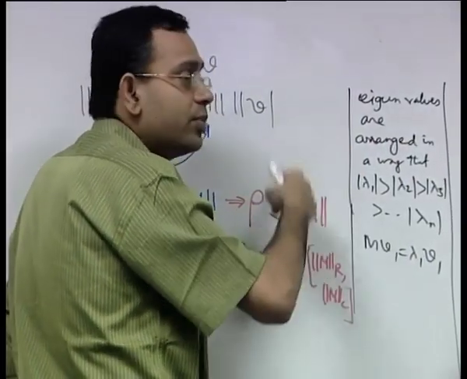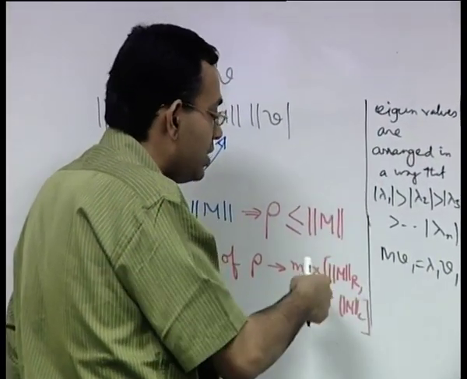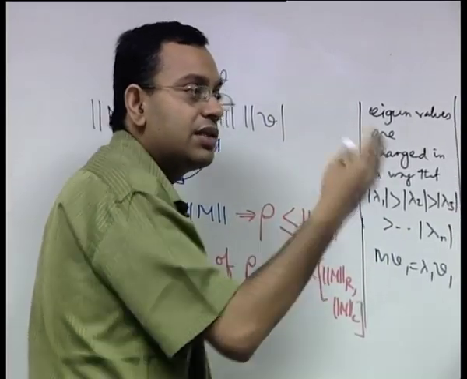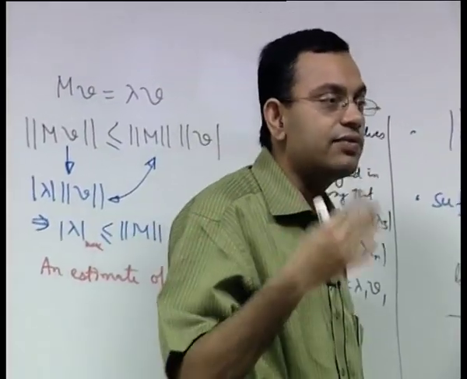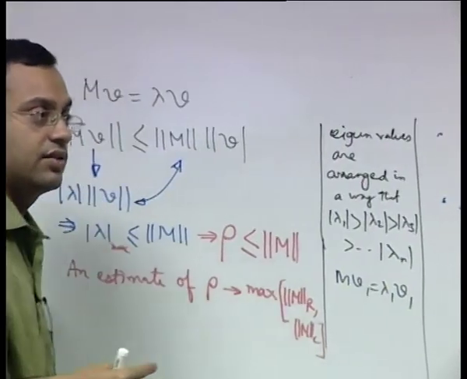Out of all possible norms of M, whatever is the maximum, if you keep that less than 1, that means you are satisfying the sufficient condition for convergence.